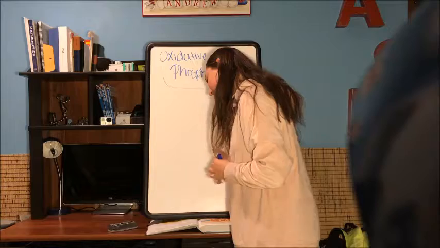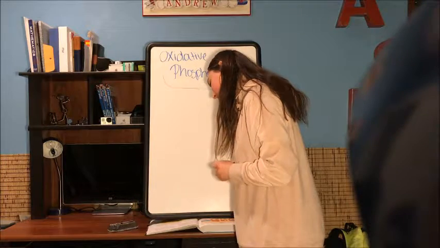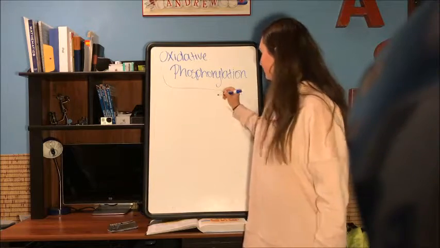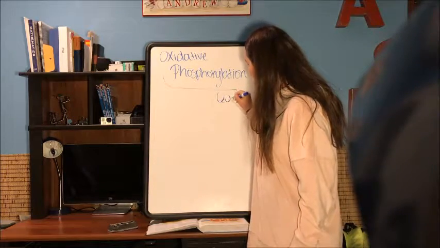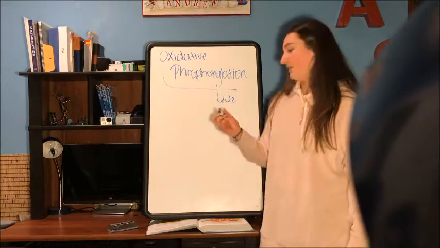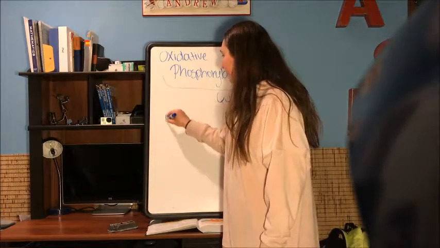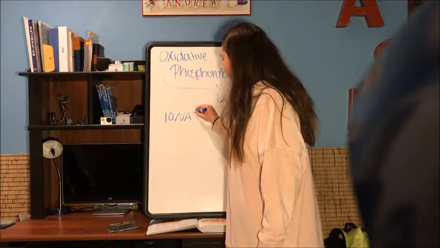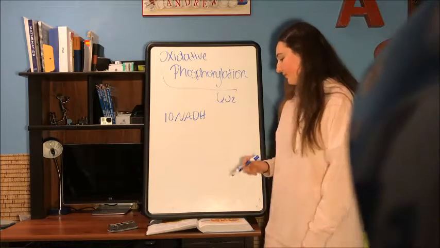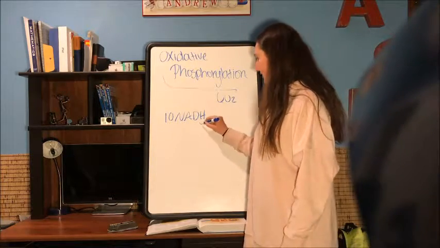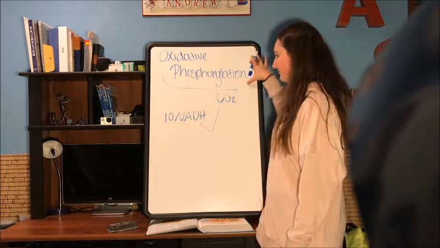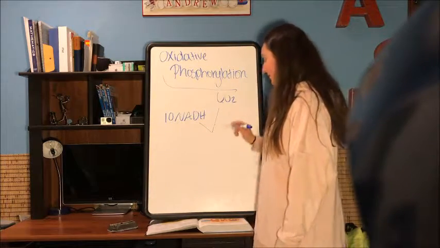And so for oxidative phosphorylation, 6 oxygen molecules that you extract from breathing, and all 10 NADH, which is from the previous cycles, all go in to this cycle.